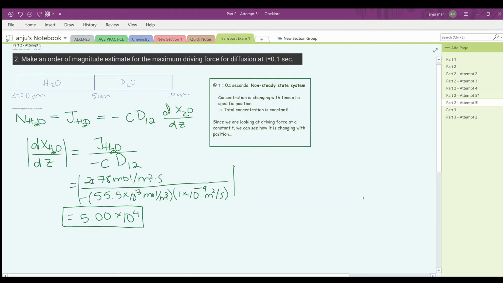That's 2.78 moles per meter squared second times our total concentration, which is 55.5 times 10 to the third moles per meter cubed, times our diffusivity coefficient for liquids, which is 1 times 10 to the negative 9 meters squared per second. That gives us a magnitude estimate for the maximum driving force of diffusion of 5 times 10 to the fourth.